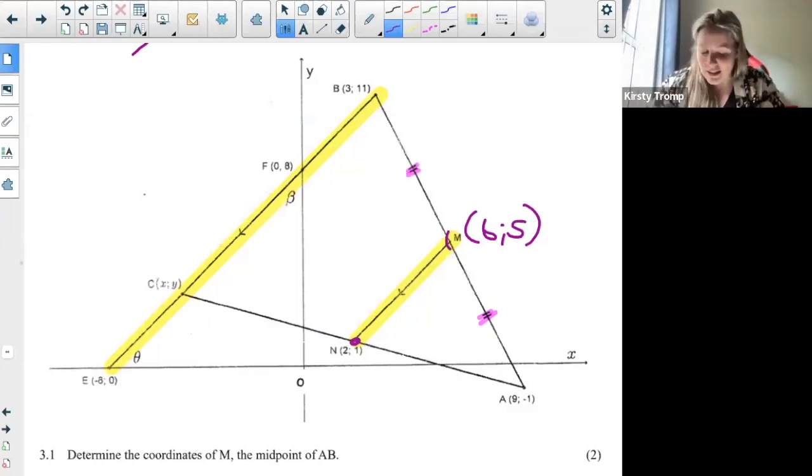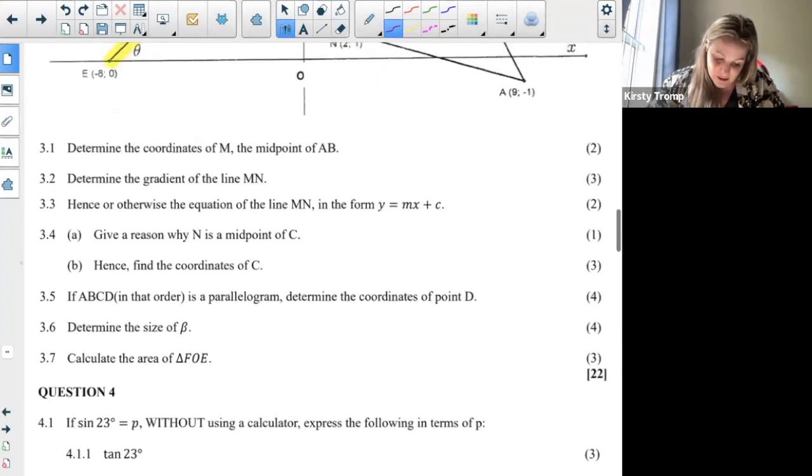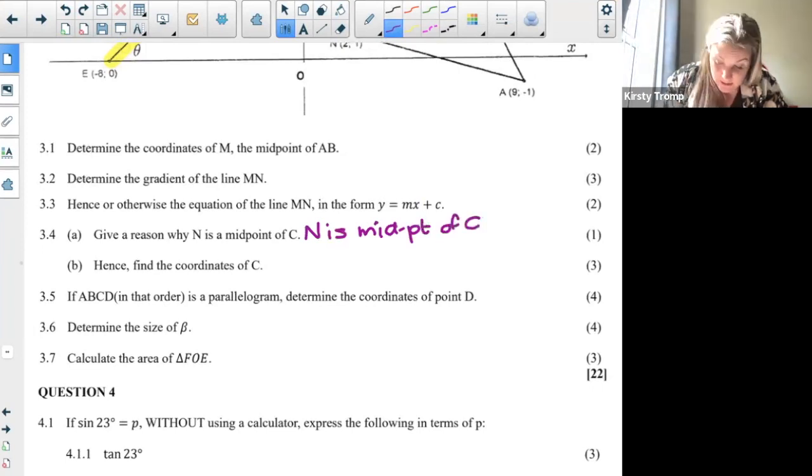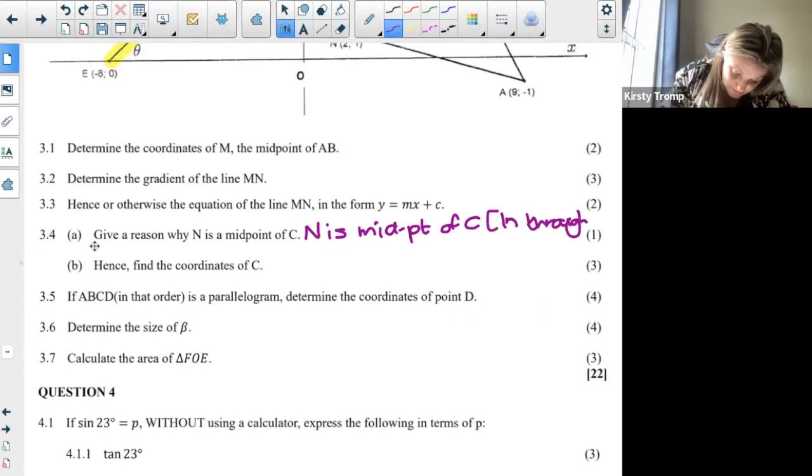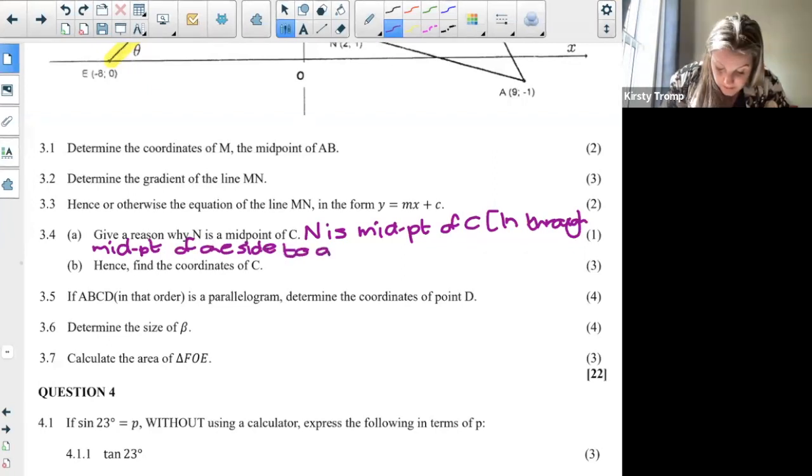Can you see how they're throwing this in here? They're throwing a bit of geometry into analytical. So we can say here, N is midpoint of AC, line through midpoints of one side to a second side.